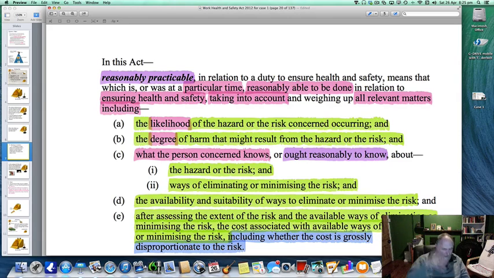You've got to get into their heads and say what they know. Do you see what I mean? An objective test is to say we don't really care whether you did know it, but a person in your position at that time should have known it, ought to have known. Do you get the idea?